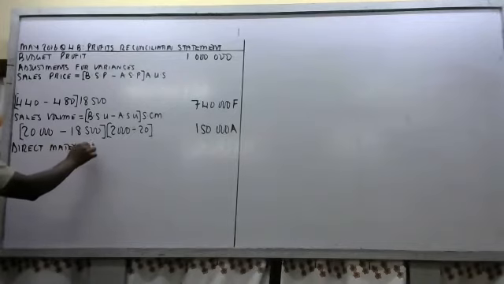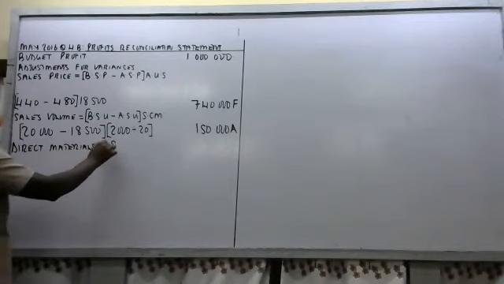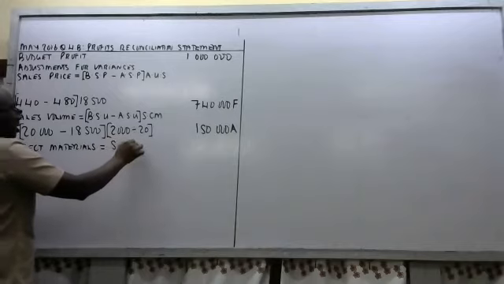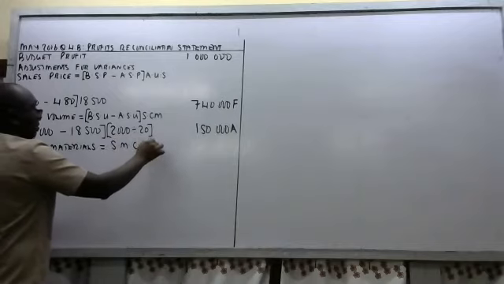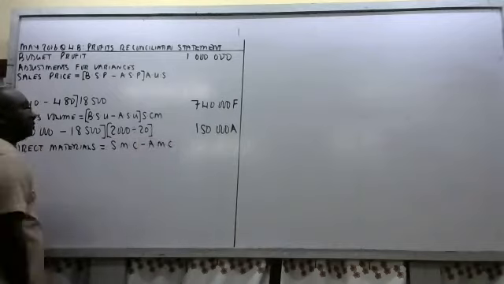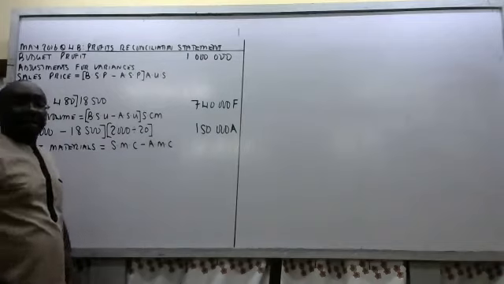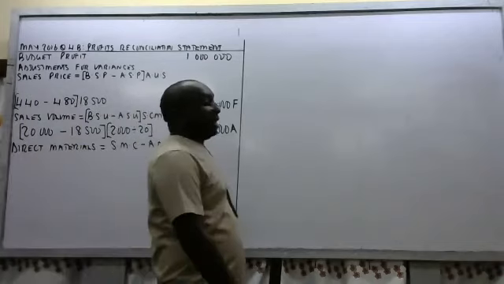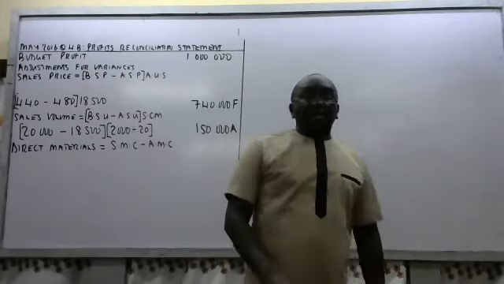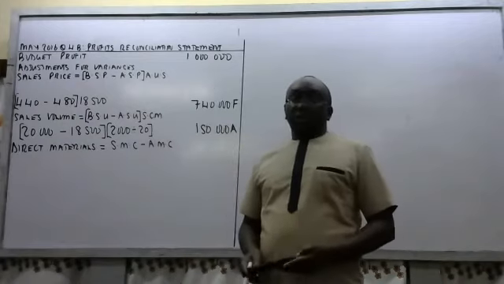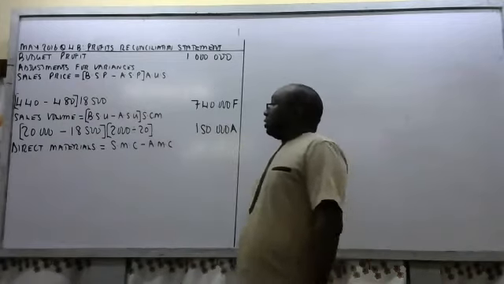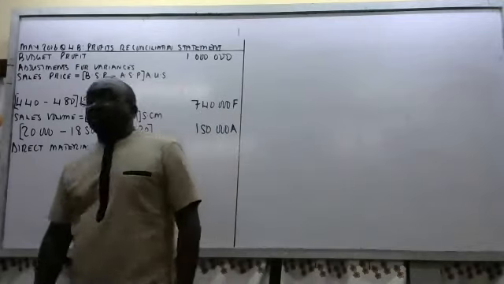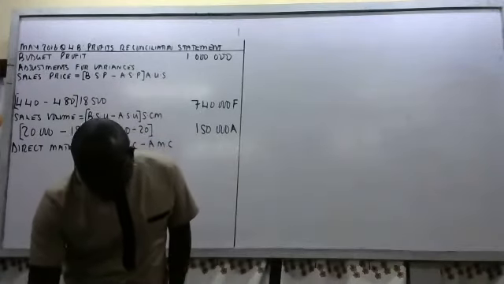Now, direct materials is given as standard material cost minus actual material costs. So standard material cost, you get it like this.